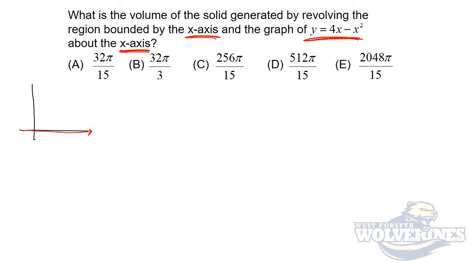But if you wanted to know, for example, where does this parabola equal 0? And you factor out an x, and you get 4 minus x, and my zeros are at 0 and 4. So over here on my graph, they are at 0 and 4, and it's an upside down parabola. Whee! Oh, that actually came out looking really good.